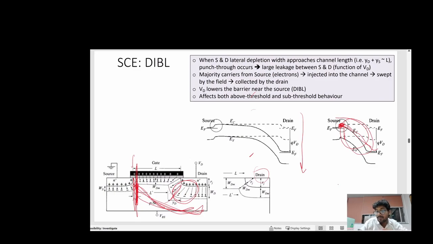Can you see the band bending is very high, huge? So the electric field will be very high, so as soon as an electron comes at this point, it will be swept instantly to this one.